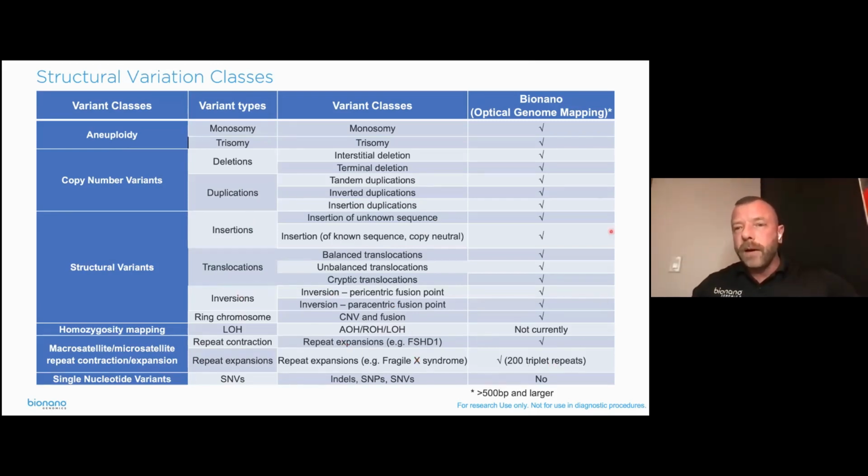And Sapphire, Bionano Optical Genome Mapping, is able to detect all of them. The only variants that we miss right now is loss of heterozygosity, but we're working on that for a future software release. And of course, single nucleotide variants, which we just do not detect. But the mere fact that all of these different classes of structural variants are able to be detected with a single technology is just unheard of.